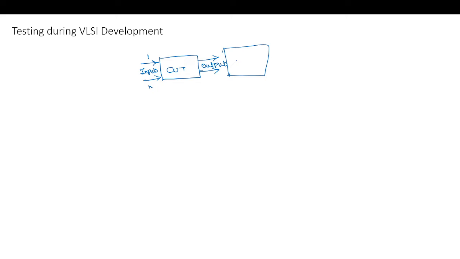We analyze this output, which we call the response, and say whether it is a pass or fail. Now for this input, we need test stimuli.